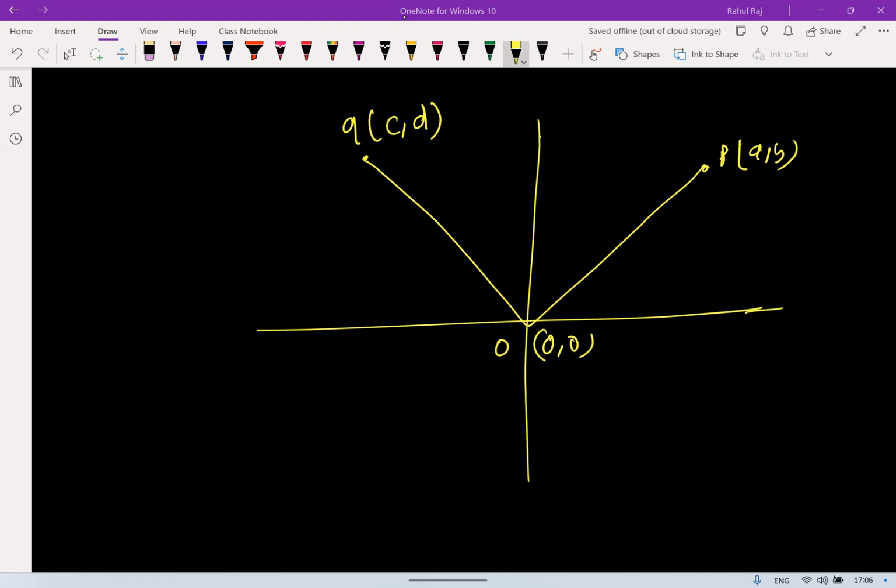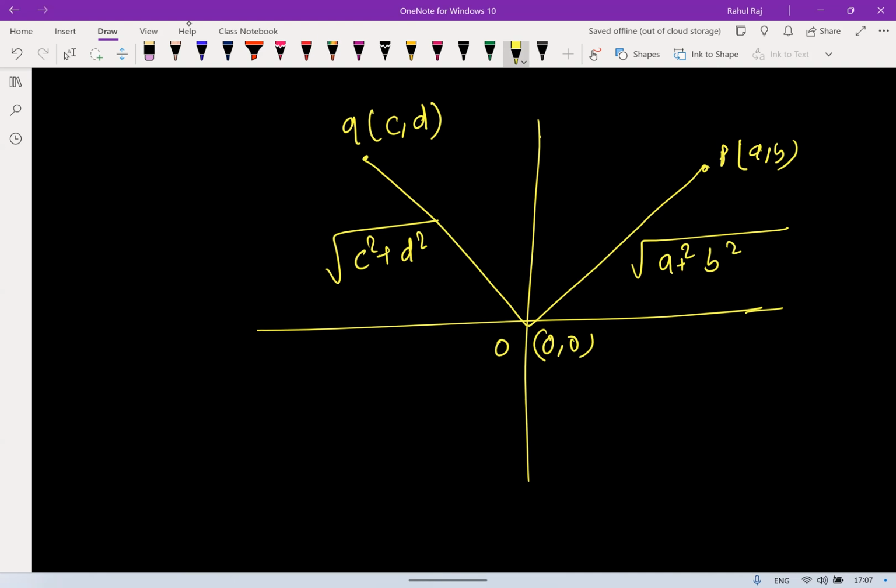So what is the distance between point P and O? Can I say it is a minus 0 whole square is just a square plus b minus 0 whole square is just b square. And what is the distance between point Q and O? Can I say c minus 0 is c square plus d minus 0 is d square? So distance of PO and QO is this, right?